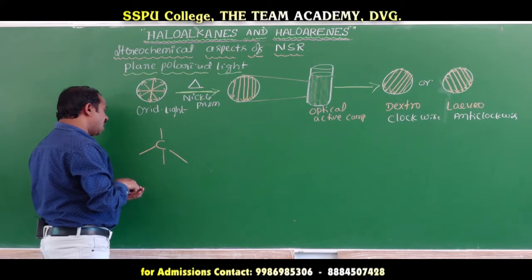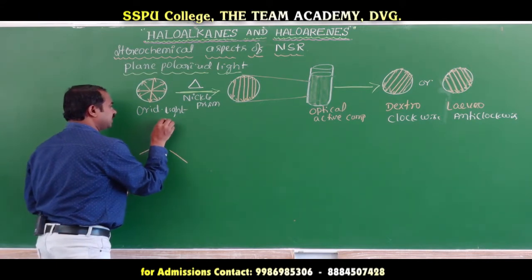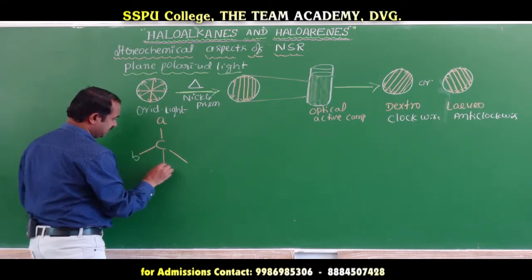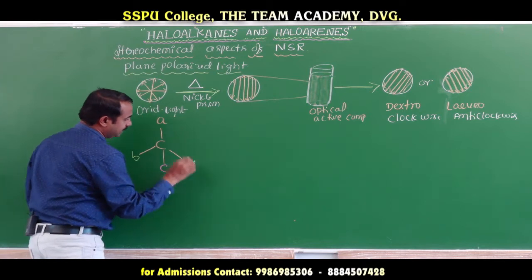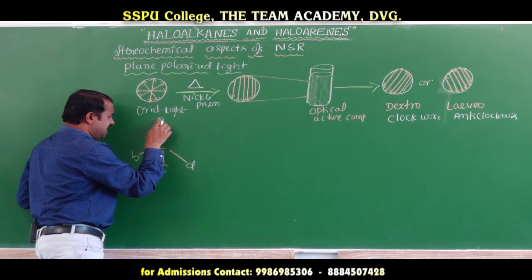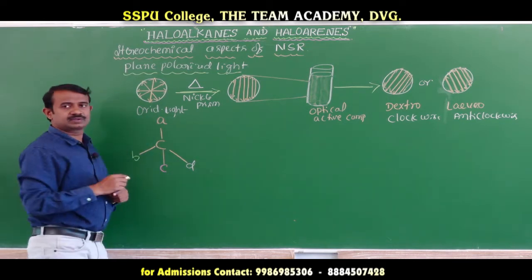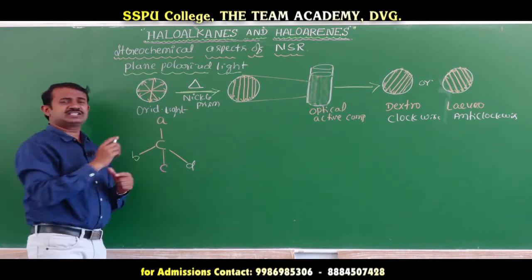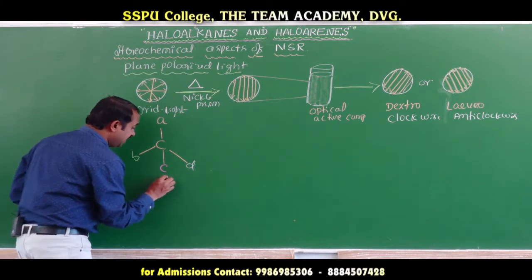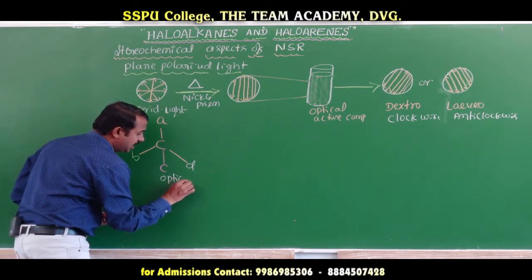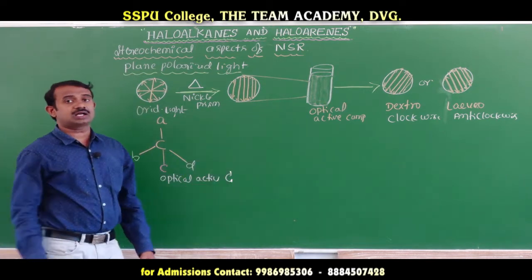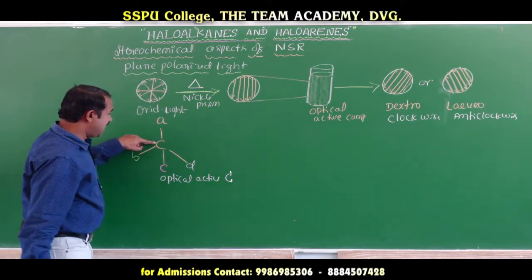If the carbon is attached to A, B, C, D, four different atoms or groups of atoms, it is called an optically active carbon.